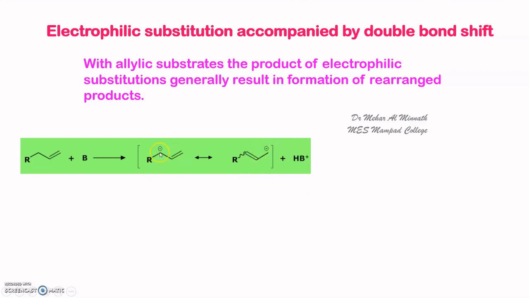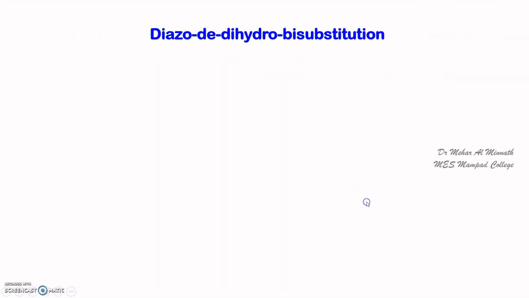And accordingly, you will be getting a secondary product or a primary product, depending upon the population of the resonating structure. Okay, so usually this is more stable because this is a primary carbanion, and you get this product. Okay, there is a double bond shift over here.